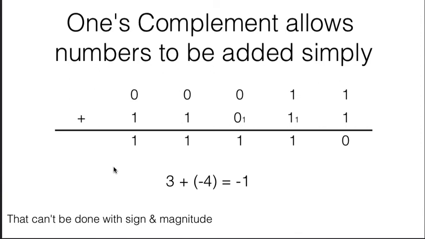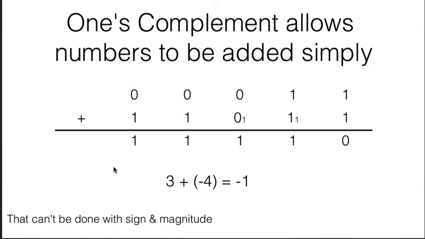And the number underneath, well, if it was 0, 0, 1, 0, 0, that is 4, isn't it? So 1, 1, 0, 1, 1 is minus 4. Okay? So here we're adding 3 and minus 4 together. And you can't do that with sign plus magnitude. But here we can actually add the binary representations and the answer will come out.